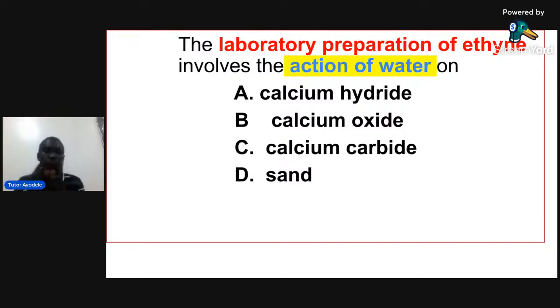I should have shown you the reaction. That is how we prepare ethyne in the laboratory, it will give you ethyne. Not sand. Sand is wrong.